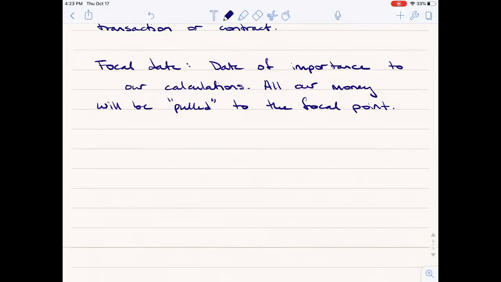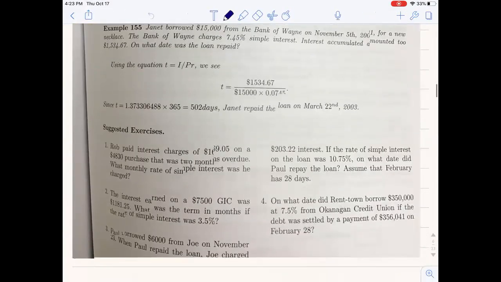Okay. Let's do an example. We'll start off kind of nice and slow, and then we'll build up. So here we go. Example 159.